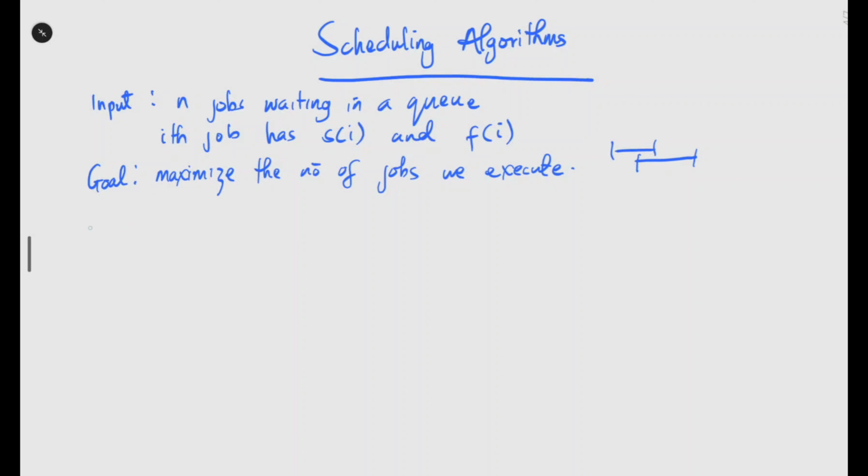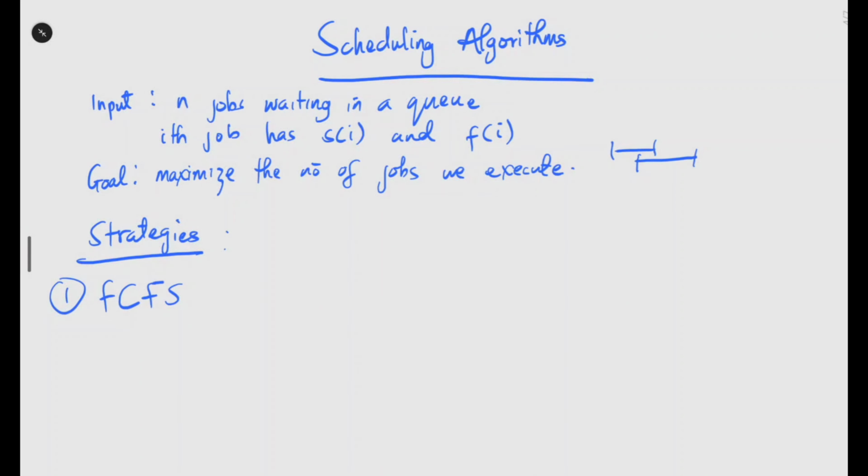So let's talk about our strategies. We'll talk about this problem using different strategies. The first strategy, what if we decide that we want to execute our jobs using the first come first start strategy, let's call it FCFS?